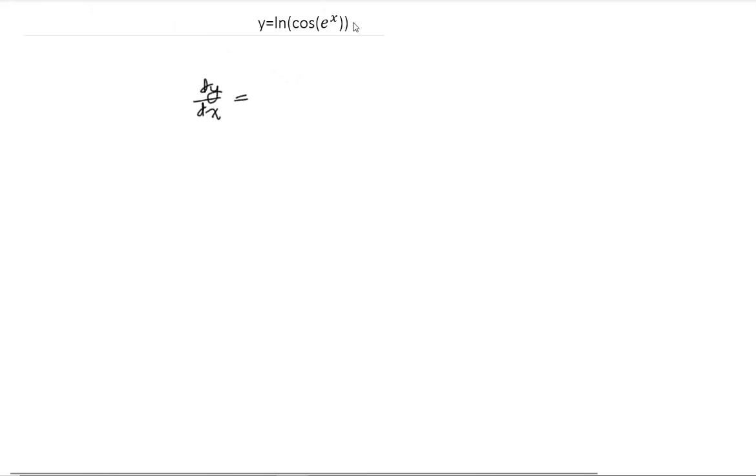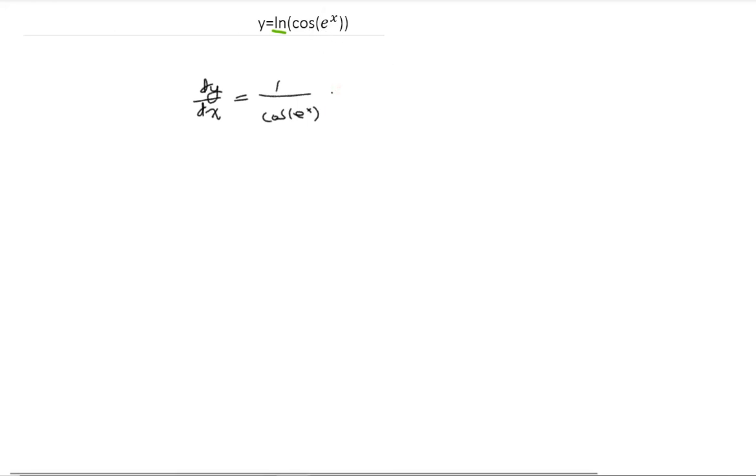So I'm going to underline the natural log in green, and that's going to give us 1 over cosine e to the x. That's the derivative of natural log. You know what, I'm going to erase this, and then we're just going to underline just the natural log in green, because that's the derivative of natural log. And since it's a chain rule, we multiply by the next function inside.